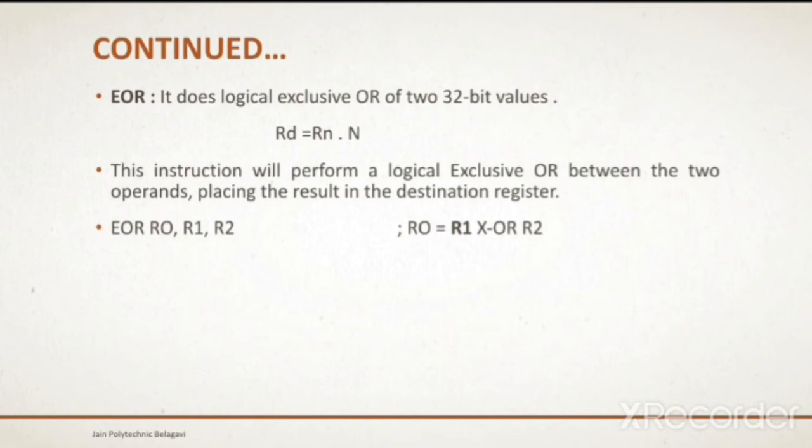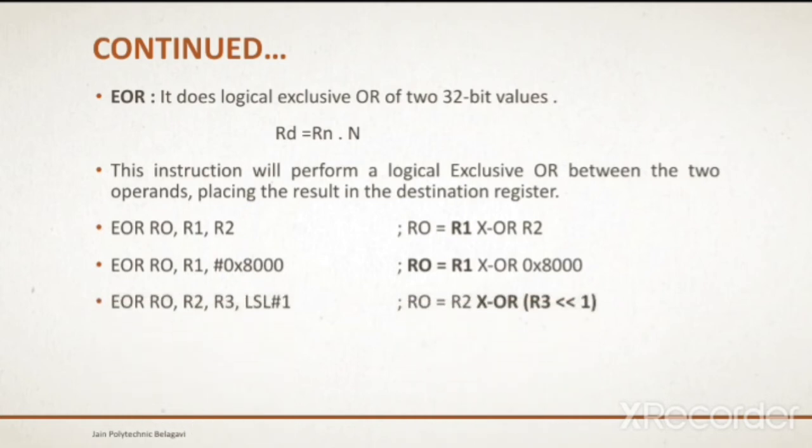R0 is equal to R1 XOR R2. EOR R0, R1, #0x800. In this, R0 will be equal to R1 XOR 0x800. Next is EOR R0, R2, R3 LSL #1. That is, R3 is left shifted by one position and then it is exclusively ORed with R2 and the result is stored in destination register R0.